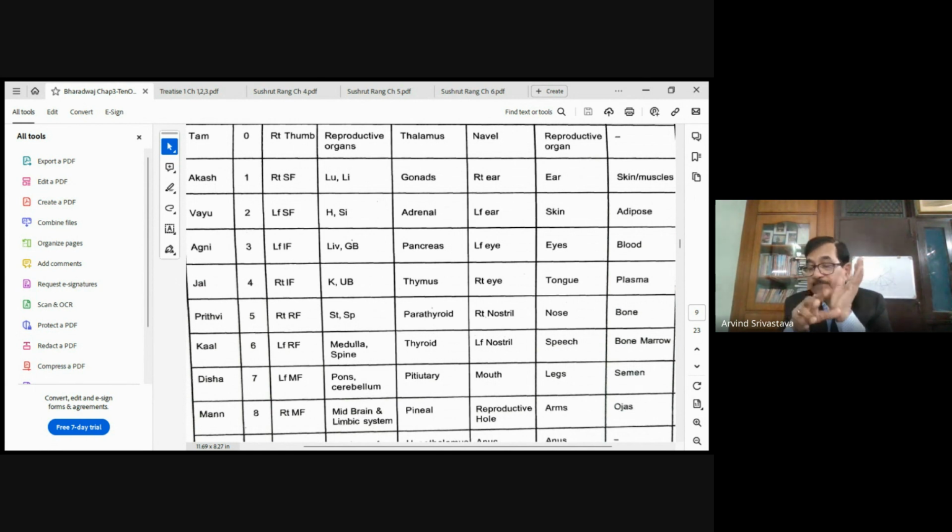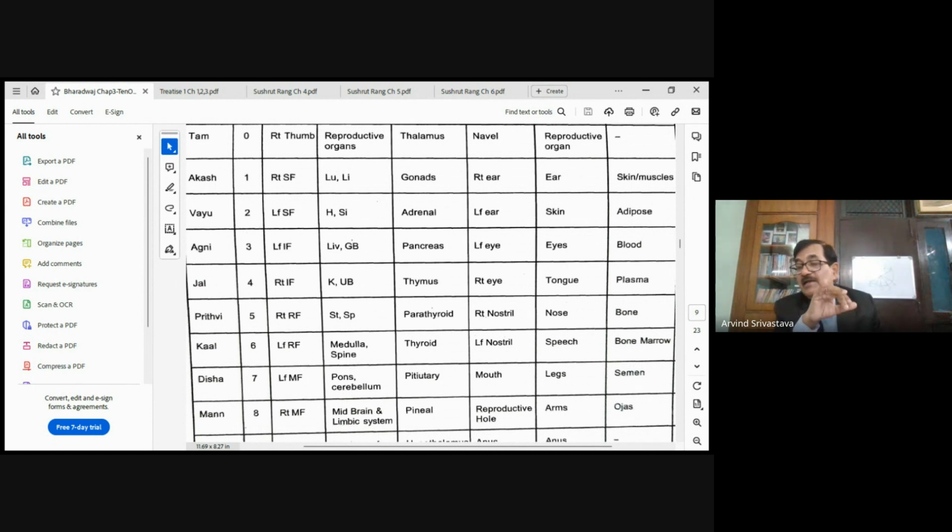And just remember, LU, we have seen, is lungs. I have already told you that the movement of the proximal joint, that is the Kapha joint, is lesser than that of the Vata joint. The Vata joint can move freely, but the proximal joint cannot move freely.